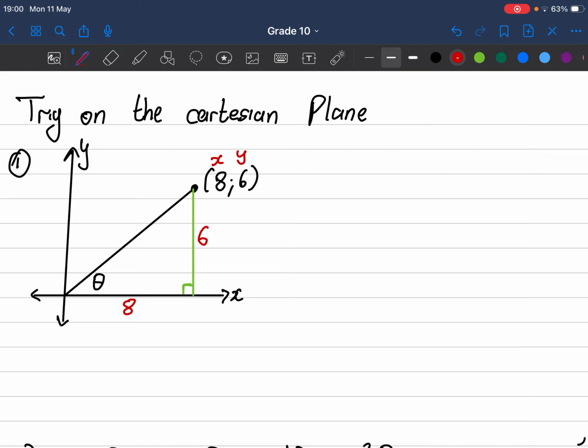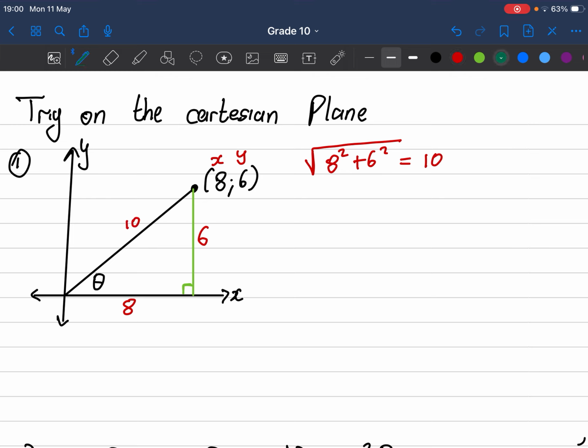In this case, we've got the two short sides and we want the hypotenuse, the longer side. The hypotenuse can be found by taking the two short sides, squaring them and adding them up, and then finding the square root of that answer. That's going to give us 10 for this example.